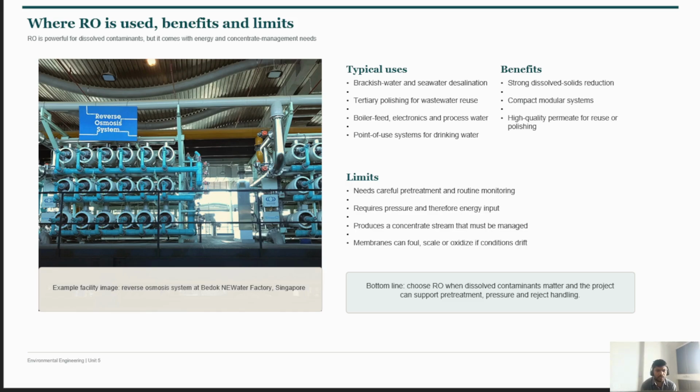What are the limitations? Need careful pre-treatment and routine monitoring. As I mentioned, there are a lot of functioning problems in membrane technology, so proper routine monitoring is required. The pressure requirement is very high in this, so we need to see whether we are able to maintain that kind of pressure or not, and therefore the energy requirement will be high.